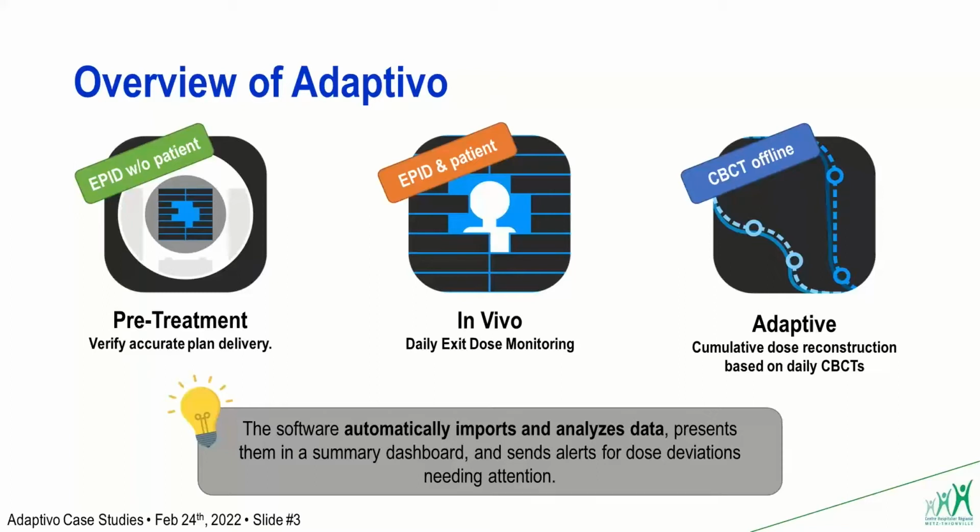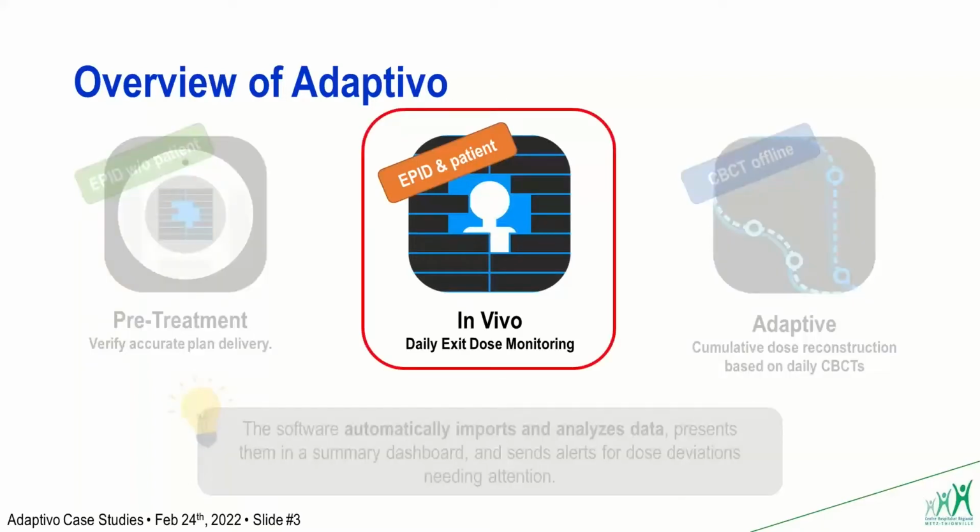With this module, you can have an independent offline daily computation of cumulative DVH or cumulative isodosis of your patient. What's very important about Adaptivo is that the software is capable of automatically importing your data from the RNV, automatically analyzing the data and sending you alerts if needed.